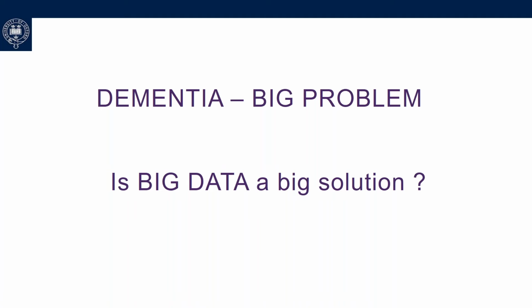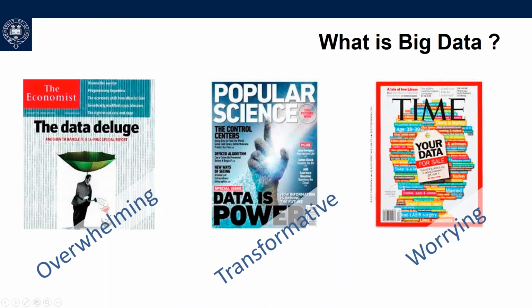Next slide, please. There are all sorts of responses that people have to big data and artificial intelligence and machine learning and these kinds of things. One is that we're getting such huge amounts of data that it's just simply overwhelming. Another, the more optimistic view, of course, is that big data is power and is going to transform the way that we live.